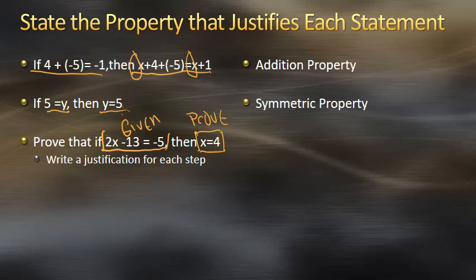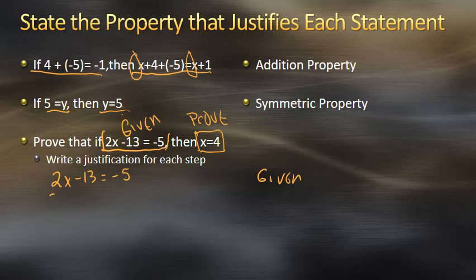All right, so we're going to try to use this in a 2-column proof. Hopefully I can write this where it's legible. So we start off with 2x minus 13 equals negative 5, and that reason is our given.